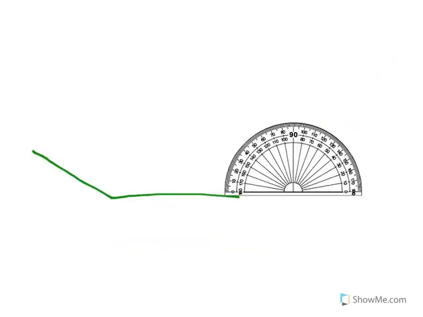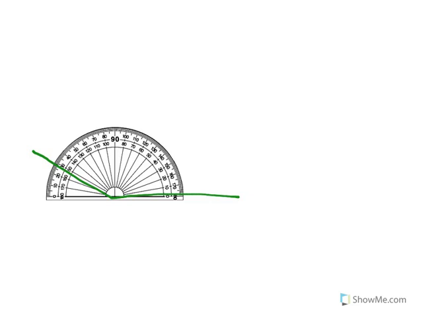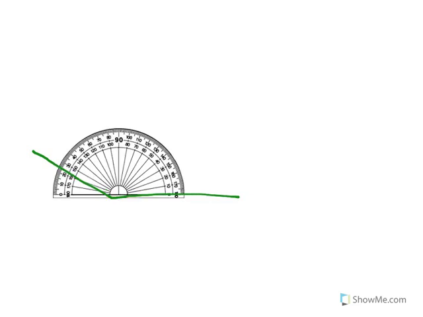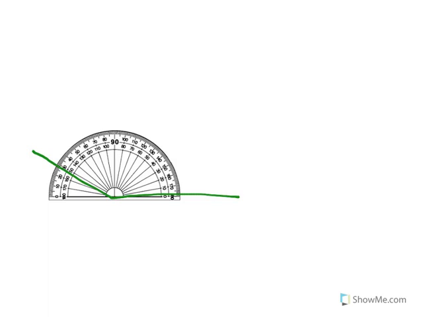Okay, next, let's try another one. I've got to line up my middle with the middle on this. Maybe I can turn it a little bit on this picture, but on a real one I would turn it because my line isn't straight.